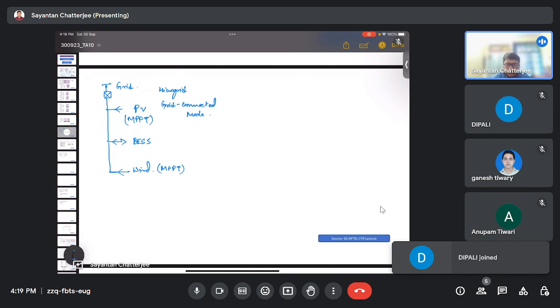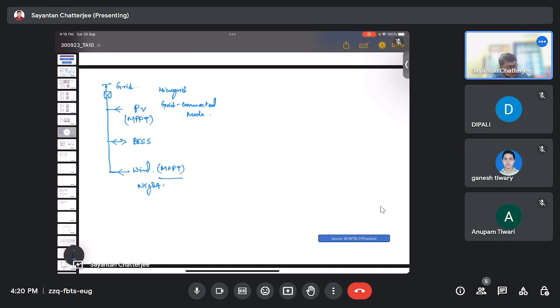When both are working on MPPT, suppose the wind has its maximum power point during the night hours, whereas the solar will deliver its maximum power during the daytime.